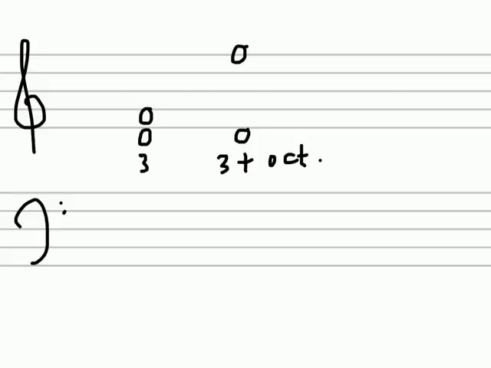Okay, so let's count. 1, 2, 3, 4, 5, 6, 7, 8, 9, and here we are. When we get to the top line, that's a tenth. So the rule of 7 is a handy way for you to compute compound intervals, intervals greater than an octave.